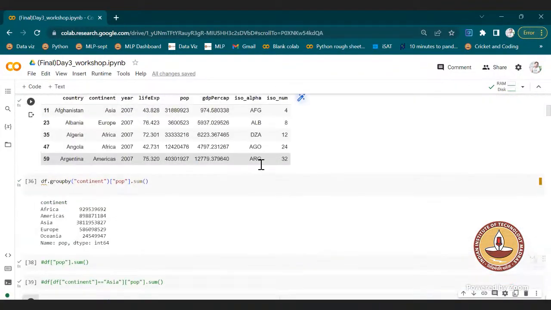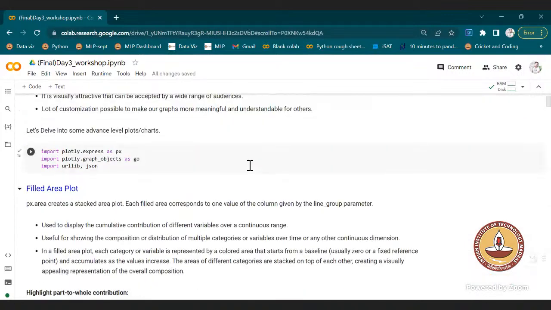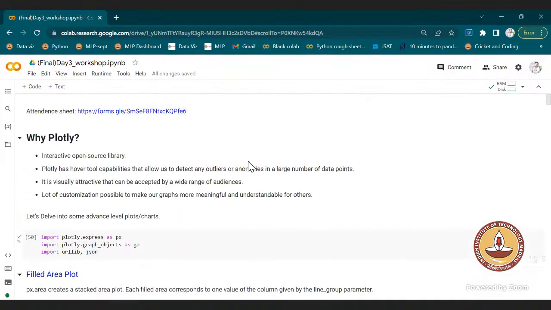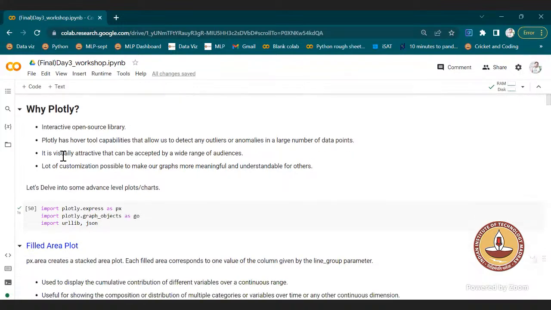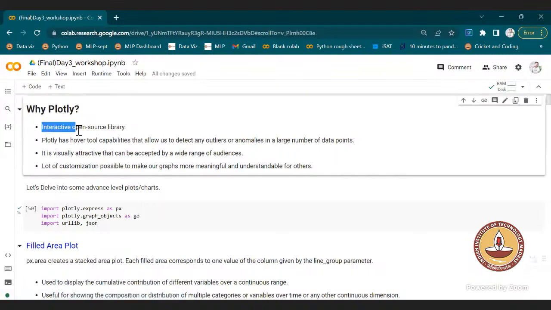So the first plot is the filled area plot. You would already know the advantages of Plotly: a lot of customization is possible, and its graphs are quite interactive.